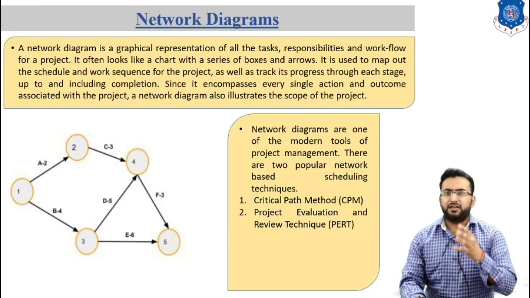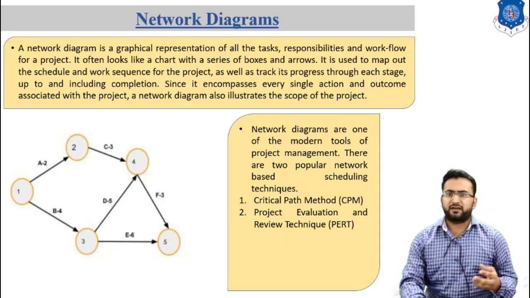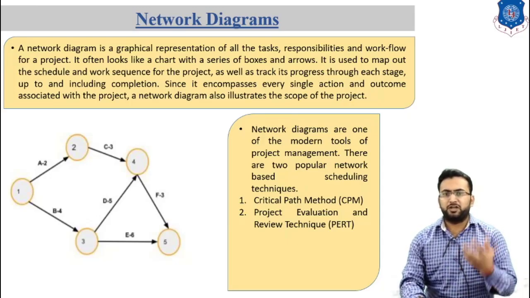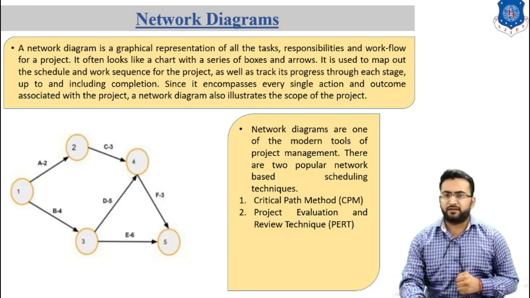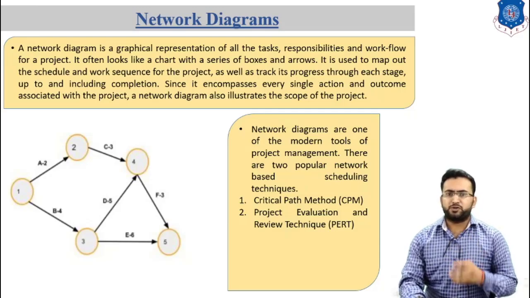Since it encompasses every single action and outcome associated with the project, a network diagram also illustrates the scope of the project. Network diagrams are one of the modern tools of project management.